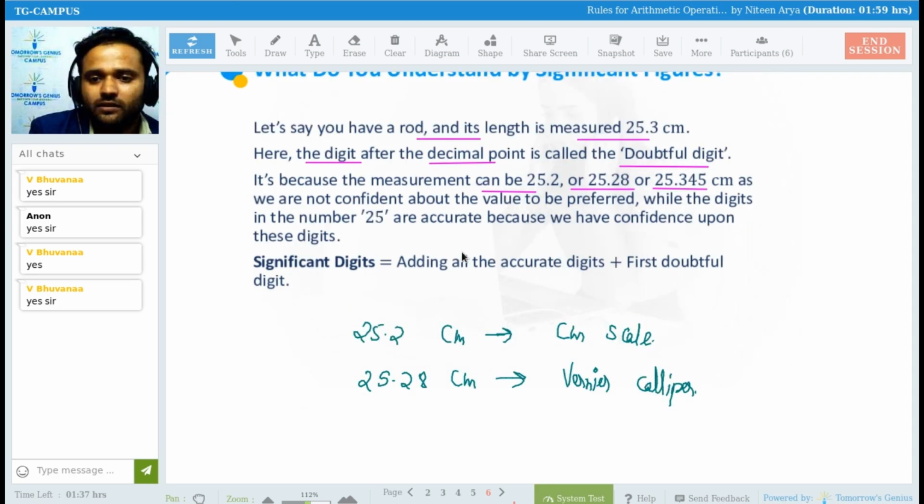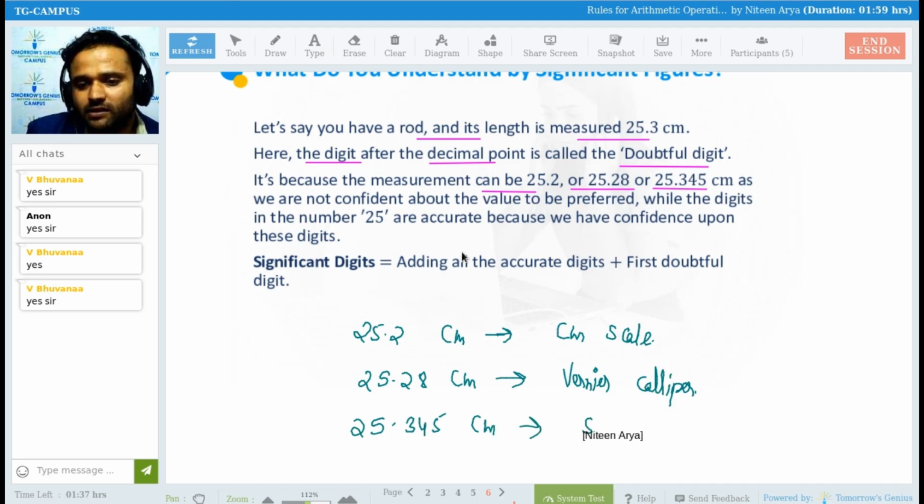And the third one, which is going to give more significant figures, a more precise value, is the screw gauge.